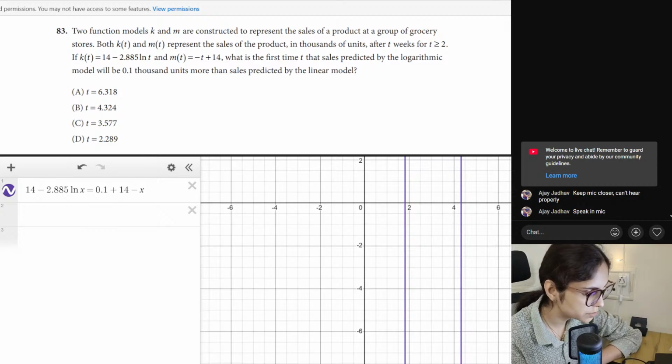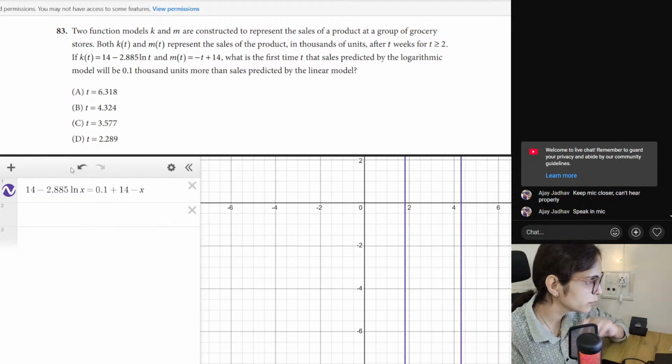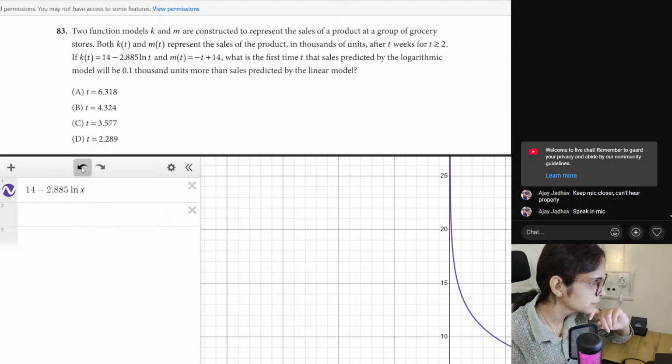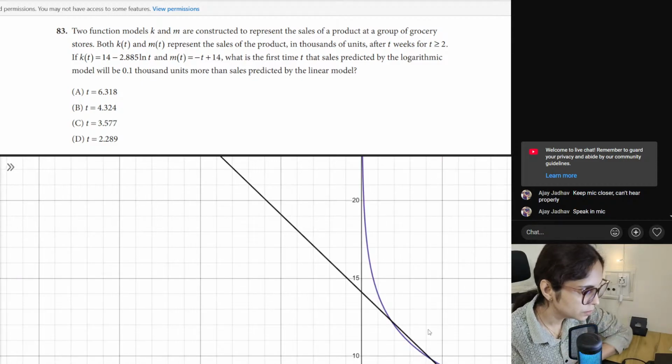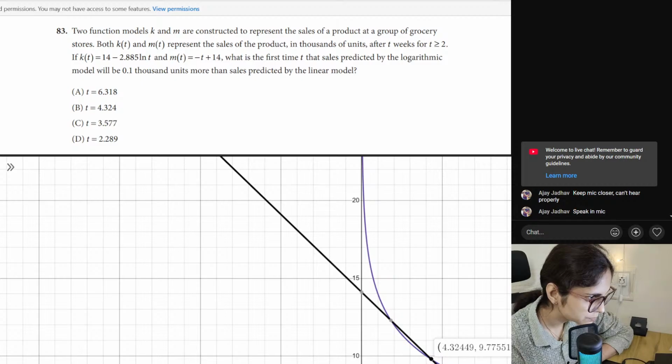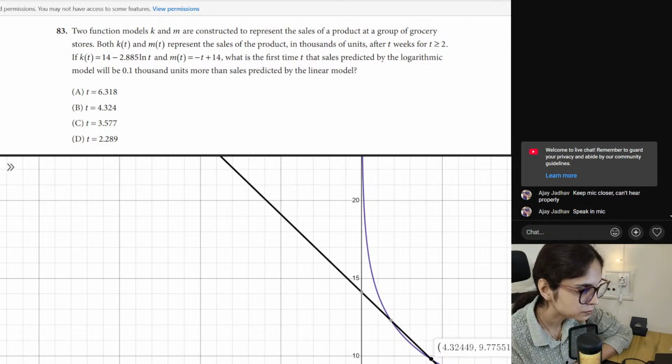So only option B. So we can make them equal to each other in just one go, but you will not be able to get the exact answer like we were able to do before. But if you do it like this, then you can see the exact answer. Understood? So 4.324, option B is your answer.